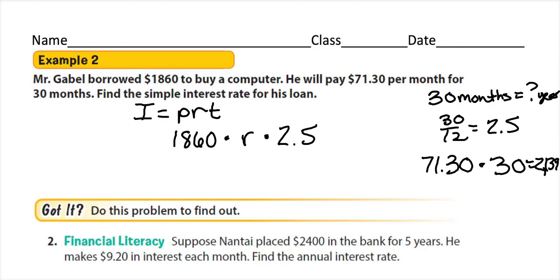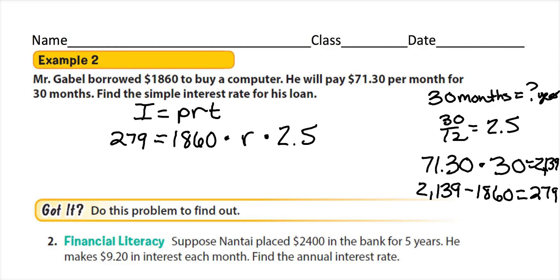Well, he only borrowed $1,860, so we got to find the interest. So how much did he pay back in interest? Well, he ended up paying a total of $2,139 for his computer, but we're going to subtract off what he originally borrowed, which was $1,860, to figure out how much he actually paid extra. So in interest, he ended up paying $279. So that's what comes over here to our I.